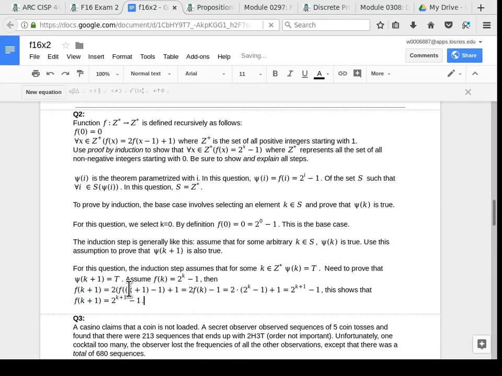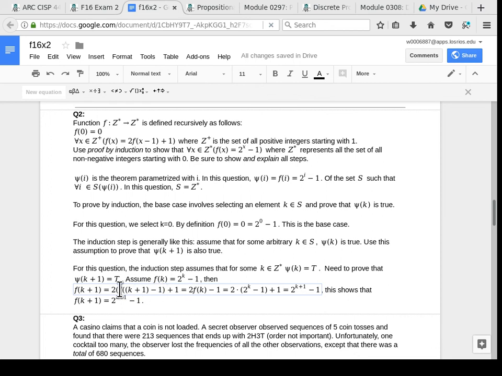Let me go back and restate how we went from one step to the next. This part here is purely by definition. This is how we define function f recursively, which is stated up here. So this is given to us. There's no assumption here. Going from this to this part is only because we got k plus 1 minus 1 as the parameter to f, so we can cancel out the plus 1 with the minus 1, and we only have k left.